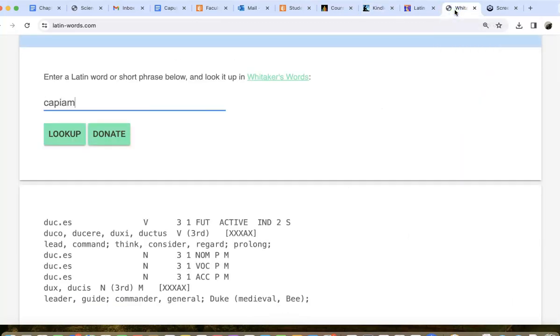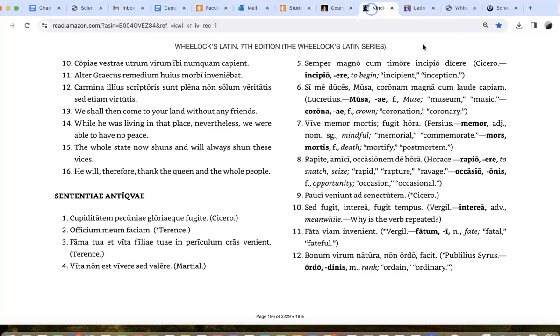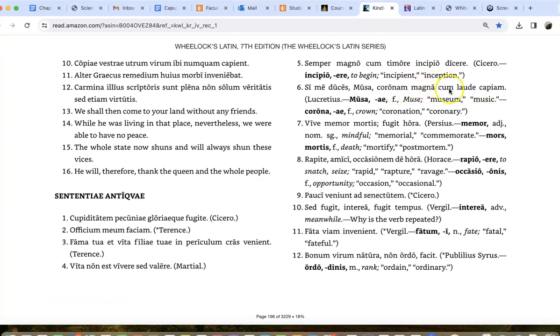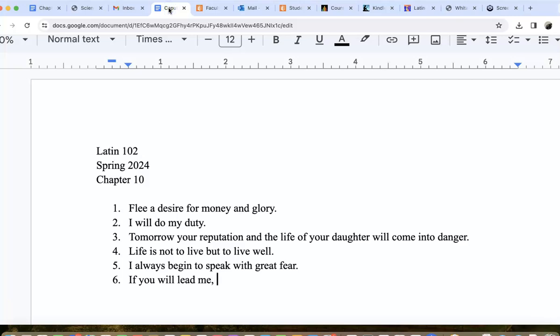That doesn't make a whole lot of sense, so we might have to look up capiam. I will put on. Let's go with put on for this one, because you put a crown on your head. So it's future tense: I will put on a crown with great praise.